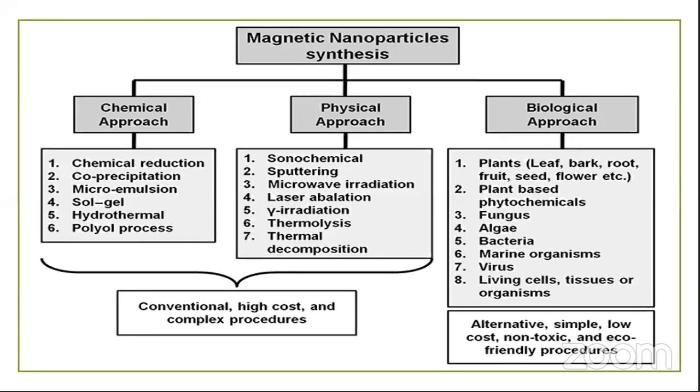These are called biological processes. Or we can use phytochemicals for the synthesis of nanomaterials. We can use algae, fungus, and bacteria. These living cells can also be used for the synthesis of nanomaterials. These approaches are called biological approaches.